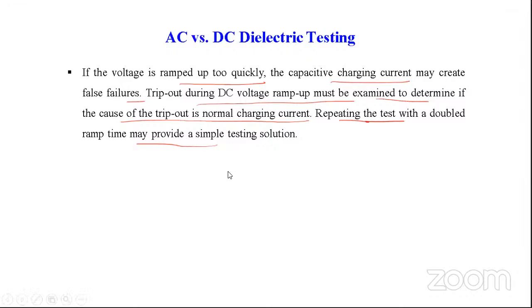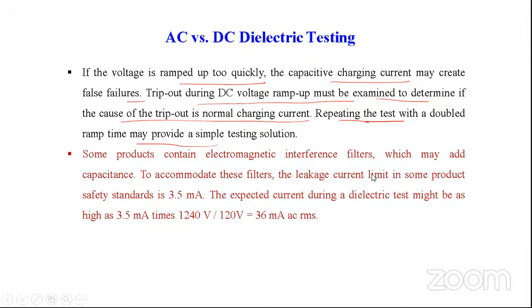Now, some products also contain an electromagnetic interference filter, which may add capacitance.